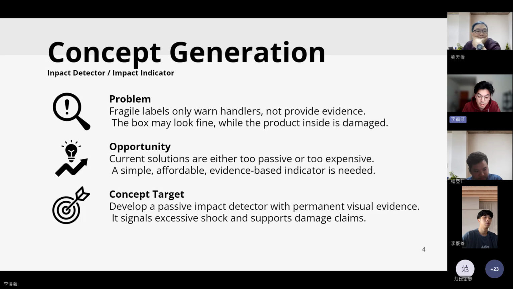So our product is a simple and affordable impact indicator. Our target is a passive device that gives permanent visual evidence after strong impacts. This can help the seller, customer, and logistics companies during damage checking or claim discussion.